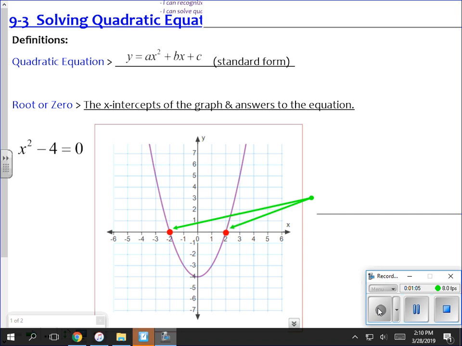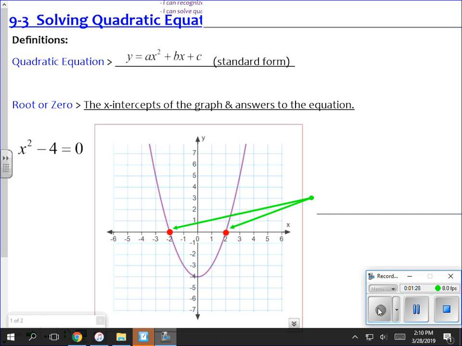We're always looking for our zeros. Where's it equal to 0? What makes it 0? Zeros are extremely important. That's probably the most important thing in all of algebra, that we spend an inordinate amount of time trying to find are the zeros. And most of this chapter, to be perfectly honest, is finding the zeros.